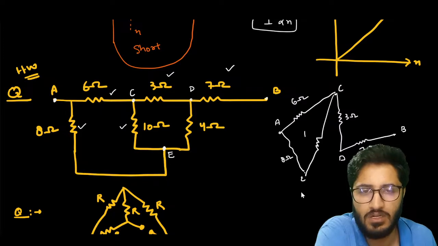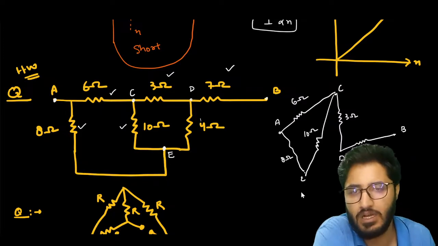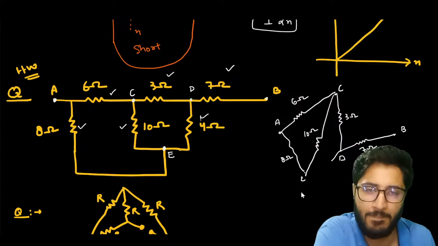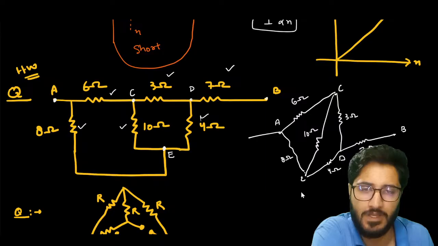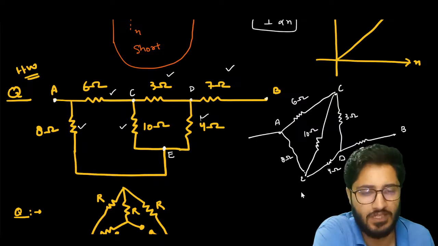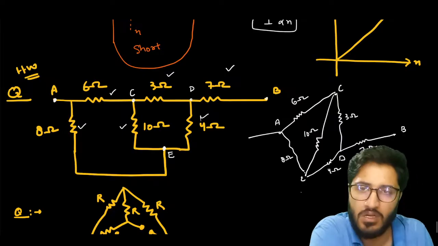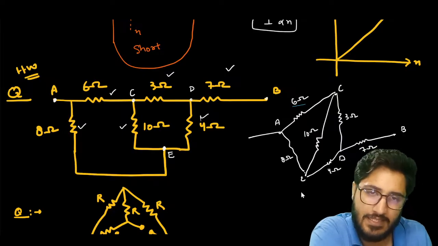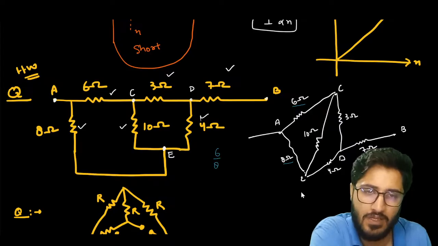CE is 10 ohm, then DE is 4 ohm. Okay, so you can see here, 6 by 8, then 3 by 4.